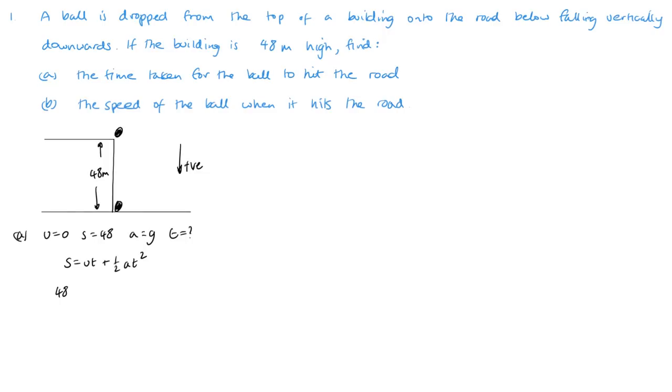So substituting in what I know, 48 is going to be 0 plus a half g t squared.